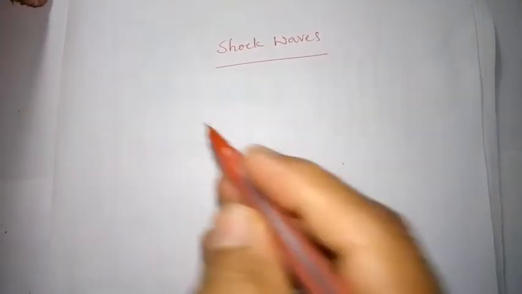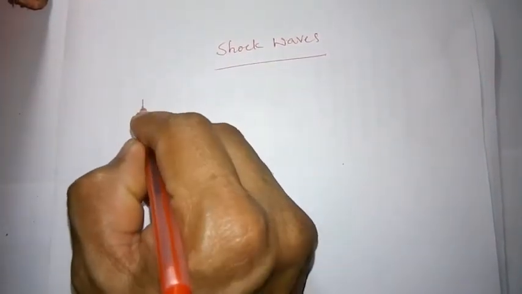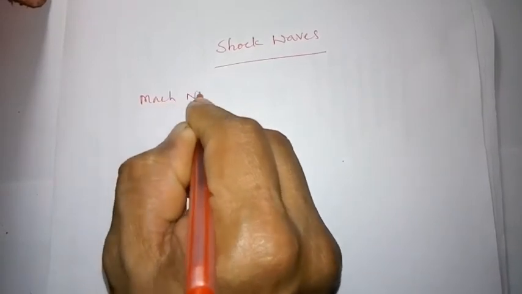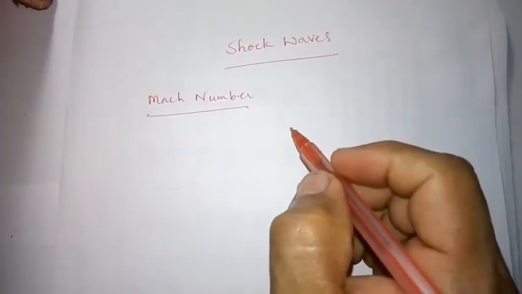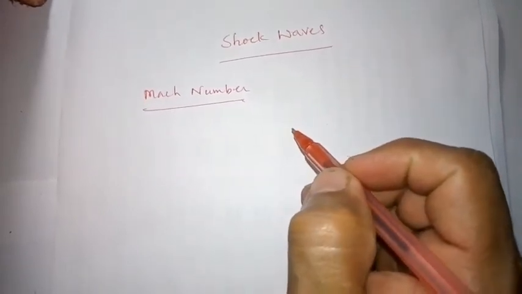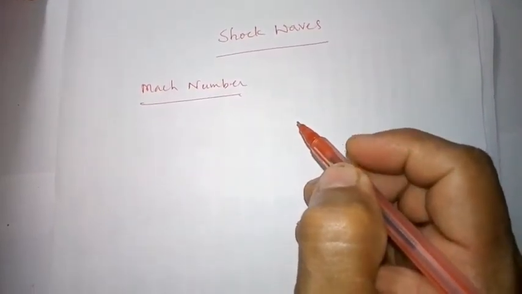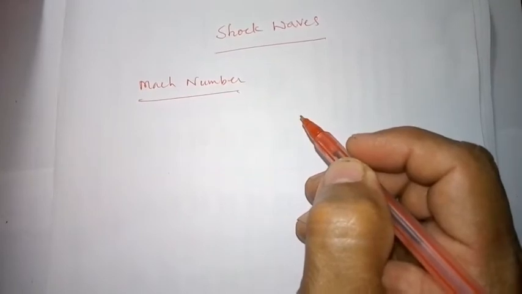So first of all, let us see what is a Mach number. Mach number is defined as the ratio of speed of object through a fluid to the speed of sound in the fluid.